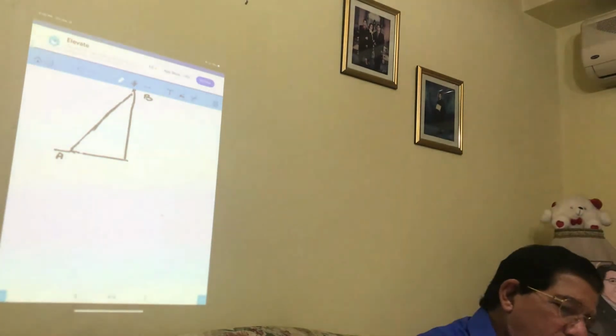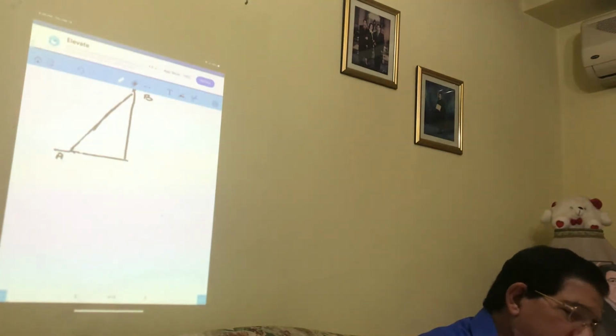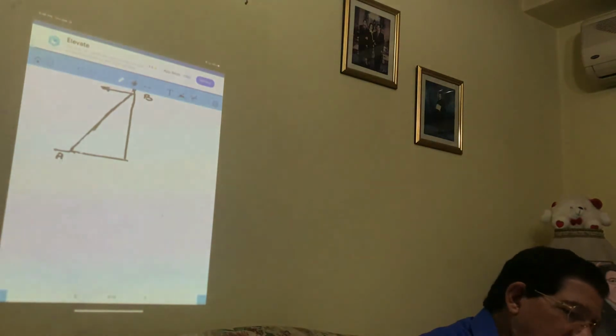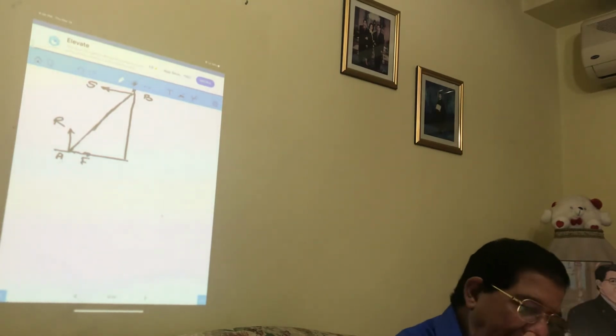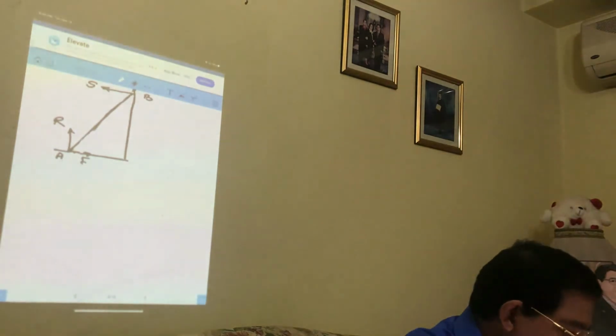Therefore, on the wall there is only a normal reaction. We are going to call it S. And here we have friction and normal reaction. Always in a place where we have friction, I call the reaction R.